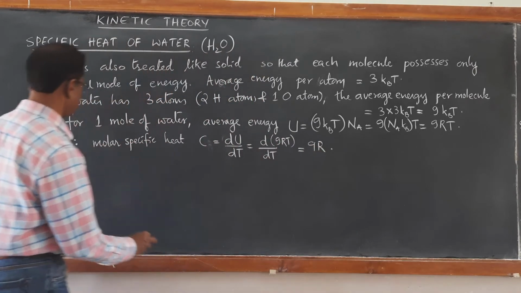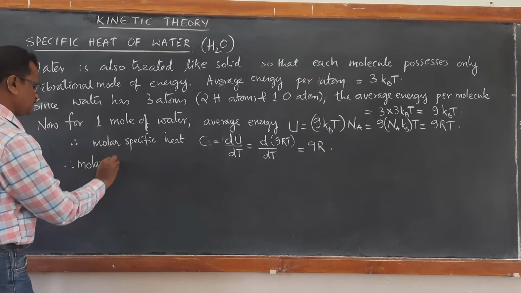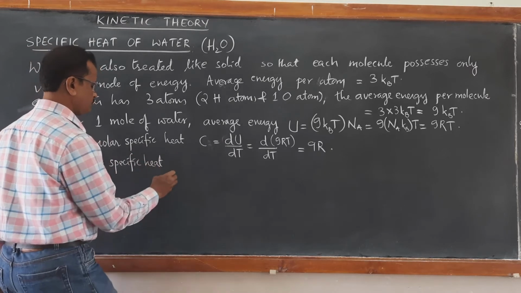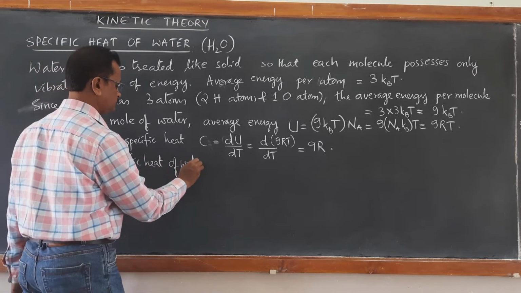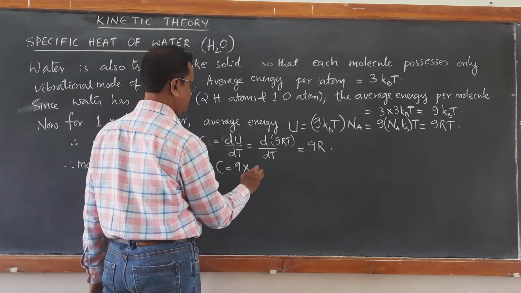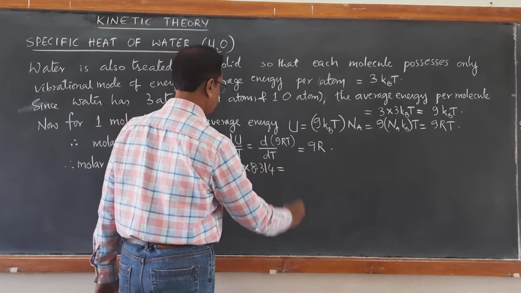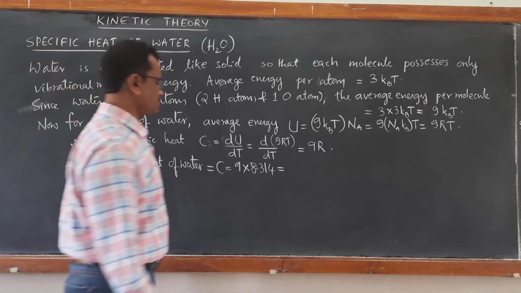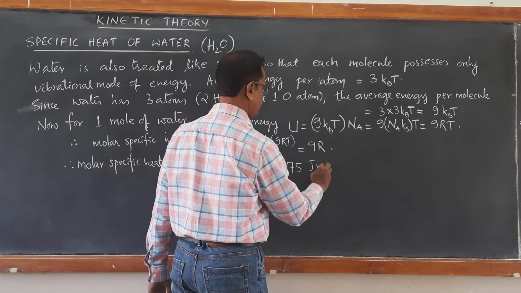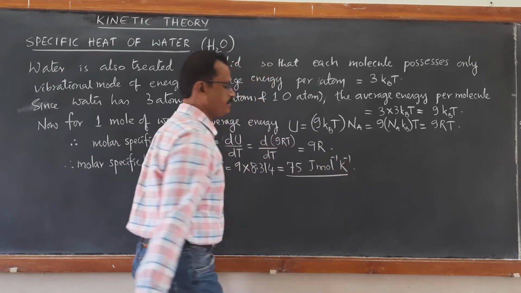So the molar specific heat of water thus becomes 9 into 8.314, which almost comes out to be 75 joule per mole per Kelvin.